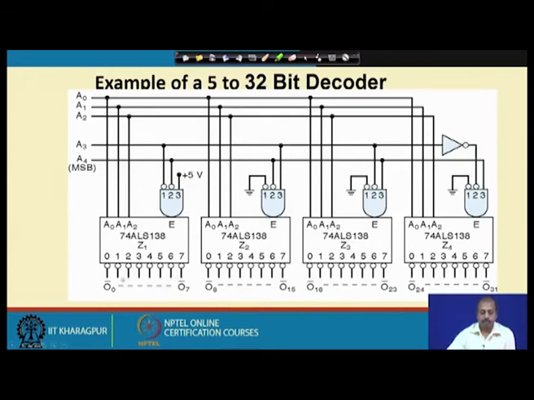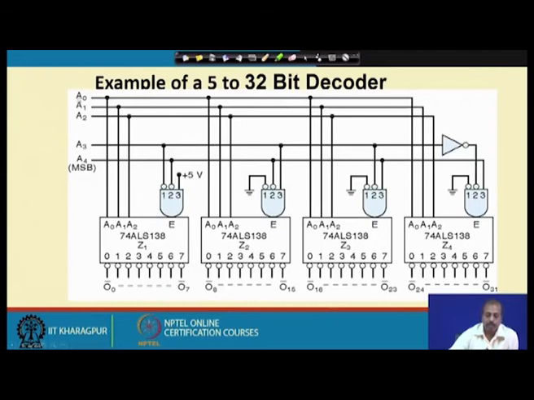For example, the first 74138 chip that I have put controls the outputs O0 to O7. The second 74138 controls the outputs O8 to O15, the third one O16 to O23, and the fourth one O24 to O31.